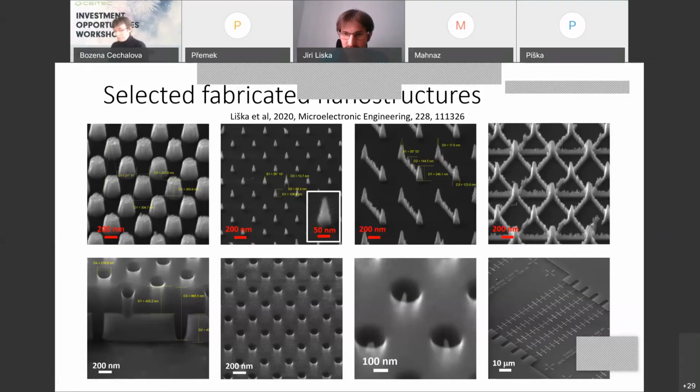When the structures are made from gold, silver, or other materials, they behave like a nano antenna. Thanks to this, we can focus light, electric field, and magnetic field, but also use them as a sensing element.